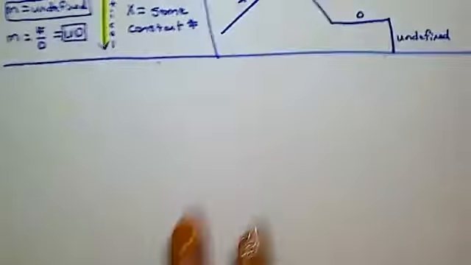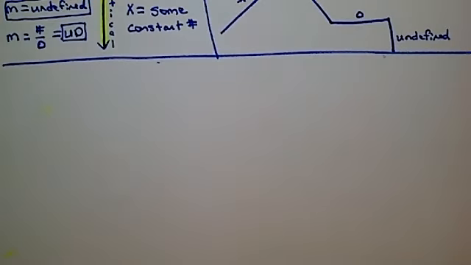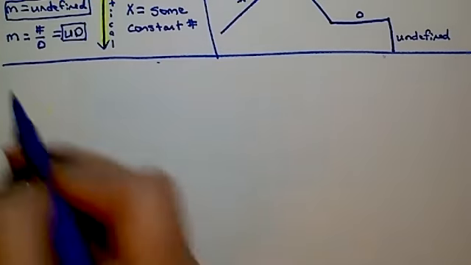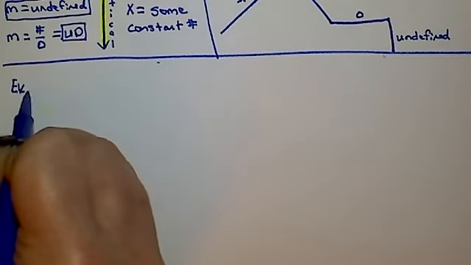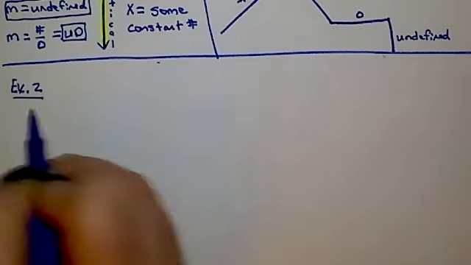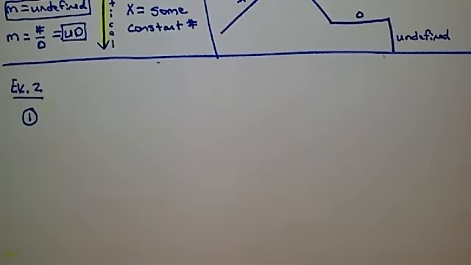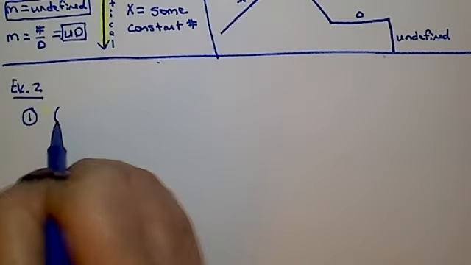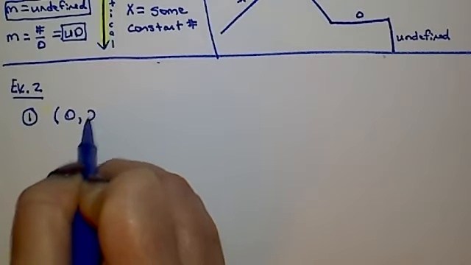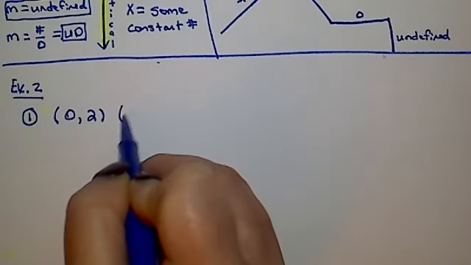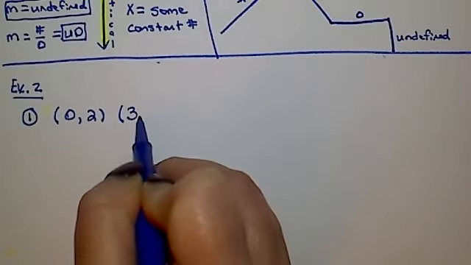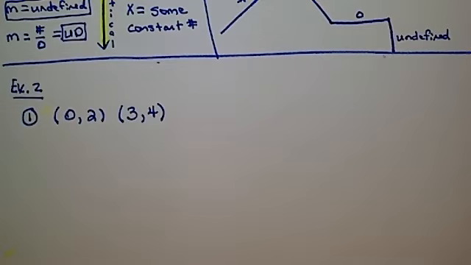So let's try a problem or two in this last example of looking at getting the slope from 2 points. Okay, so let's say that we have 2 ordered pairs. Let's say we have 0, 2, and we'll say we have 3, 4.